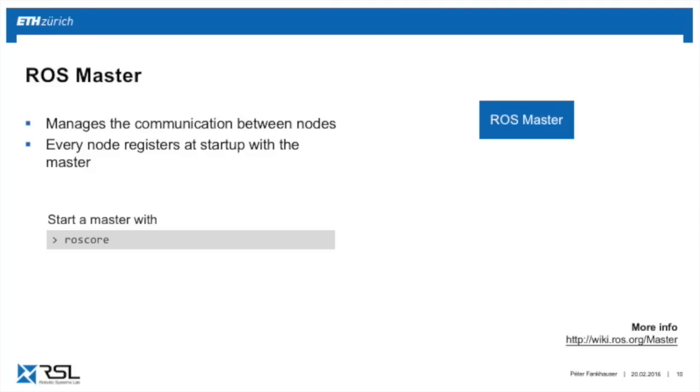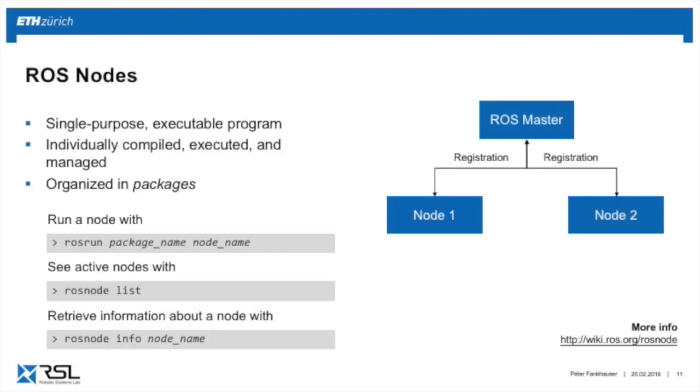You can start a ROS master in the console by simply typing in roscore. Roscore has multiple elements, one of which is the ROS master. A ROS node is essentially a program that runs on your PC. It's a single-purpose executable program. You can compile them individually, run them, and manage them individually. Those are the building blocks of your program.